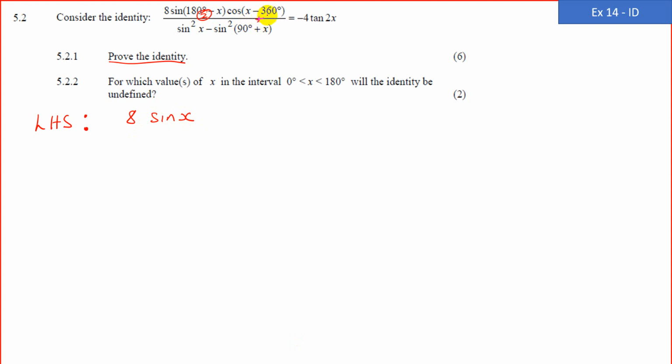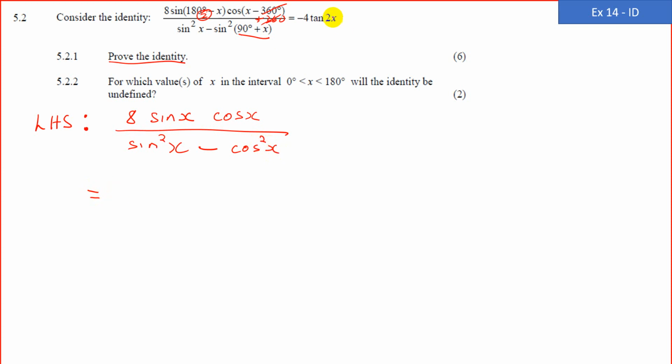What we can do there is add our 360, and then we end up with cos x. Going to the denominator, we've got sine squared x. And then we've got sine squared, so we won't worry about the sign because anything squared is positive. But in the bracket, we have a 90 plus x, which is your co-ratio. So that will change to cos squared x.